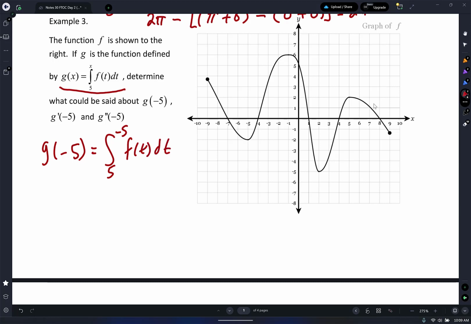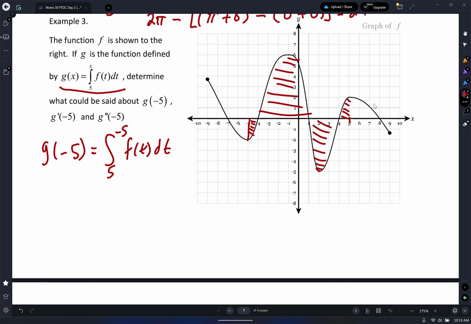Are we still okay? I look and I say, here's 5, and then I start looking at all this until I get to negative 5. And all you're doing is just looking at the graph. You're looking at it and you're like, is there more area above the x-axis or below the x-axis?